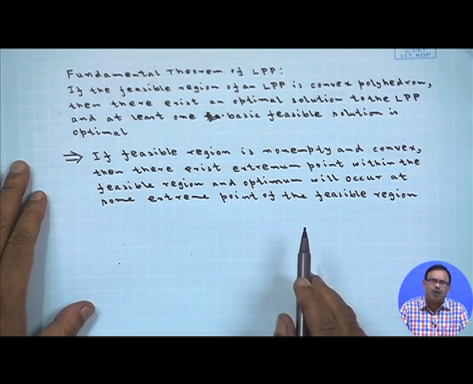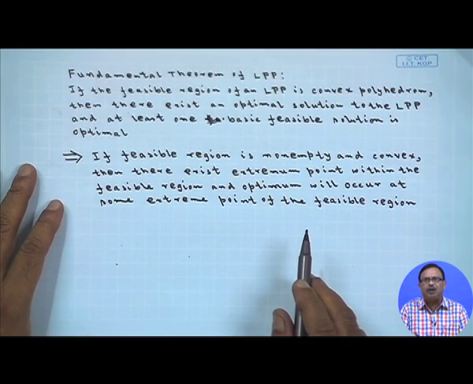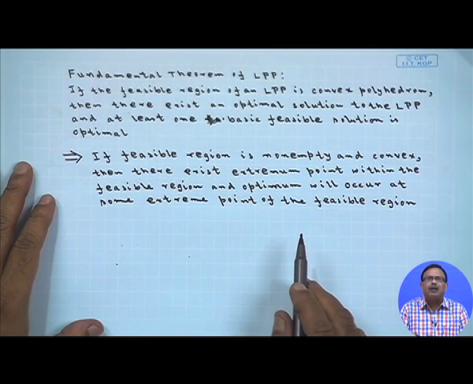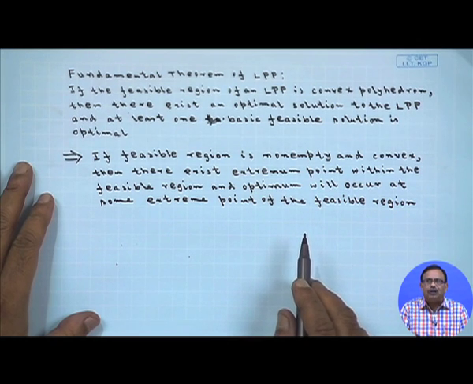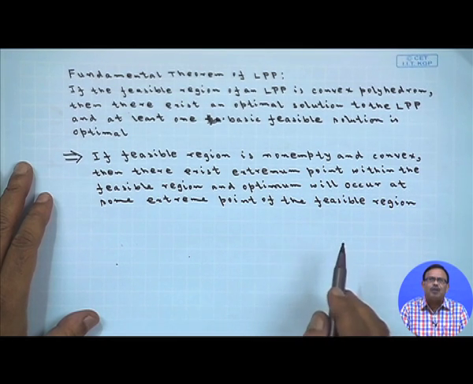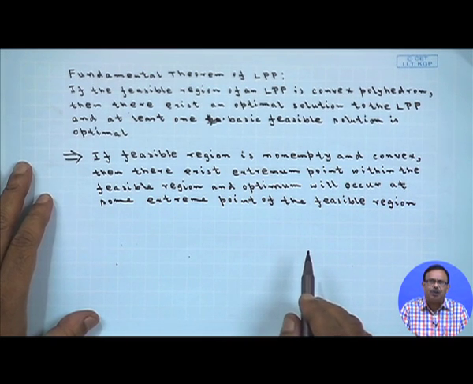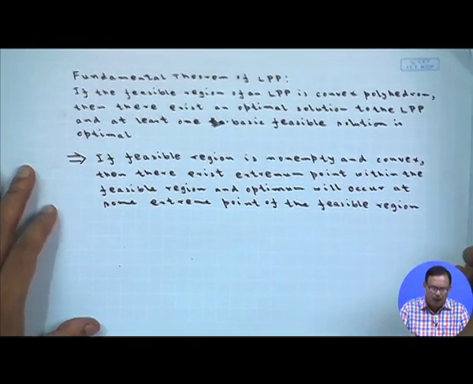So, please note this one, if the feasible region of an LPP is a convex polyhedron, then it ensures that at least one of the basic feasible solutions will give you the optimal value, and from the feasible region you can obtain the optimum value only at the extreme points. So, which makes your life simpler, and this theory we will use afterwards to solve very large LPP problems.